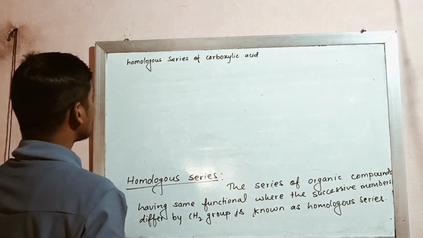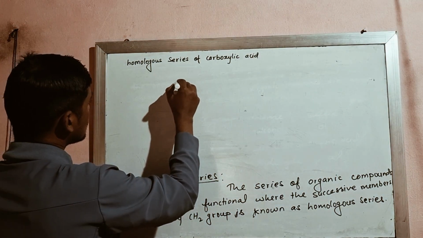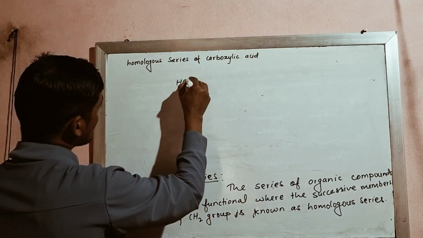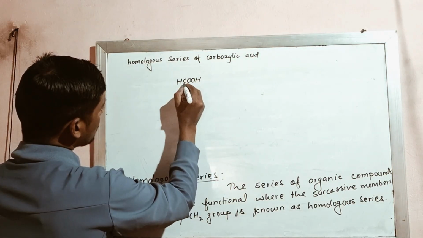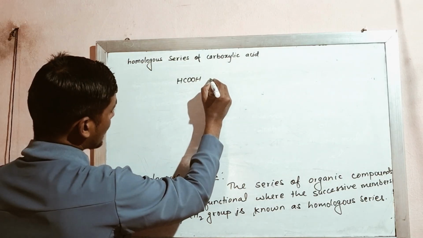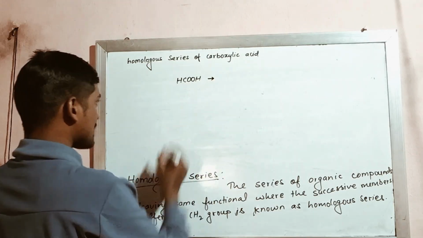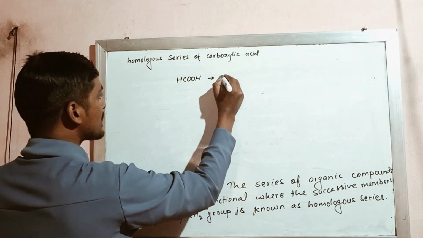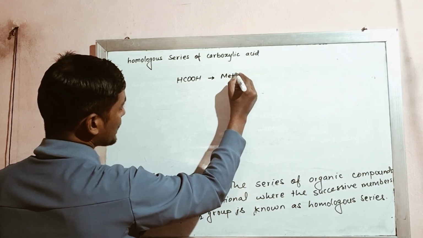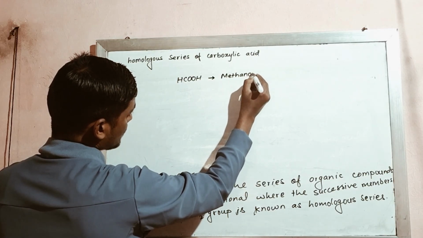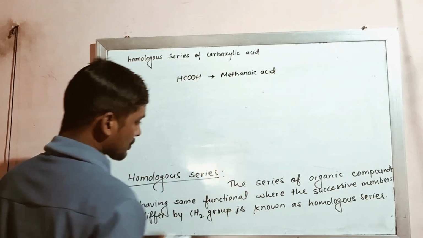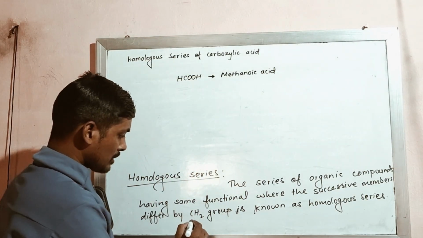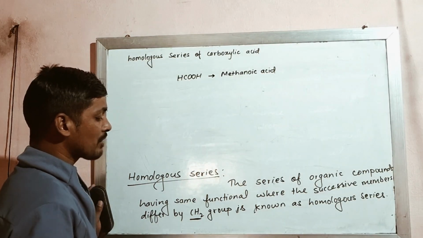Suppose there is a series like this: HCOOH. This is the first member of carboxylic acid. As it contains only one carbon, its name is methanoic acid. What will be the next member? As mentioned here, the next member will differ by CH2 group.